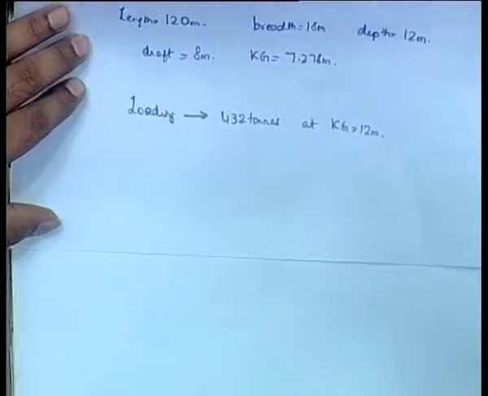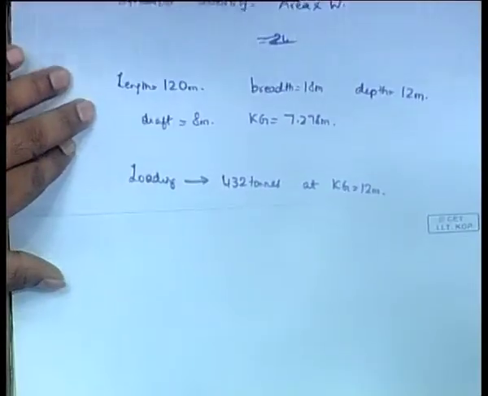That means up to that angle of deck edge immersion, you have to find the area under the GZ curve, that is the dynamical stability. Okay. So, this is the problem.